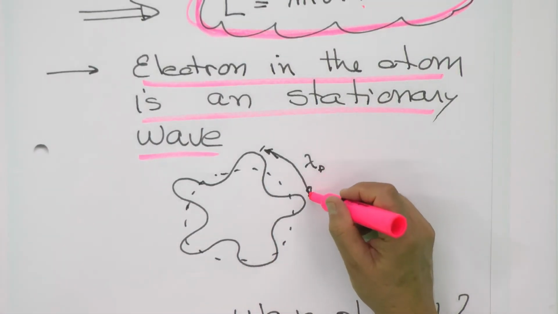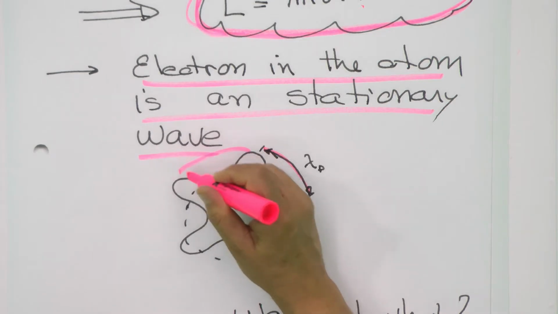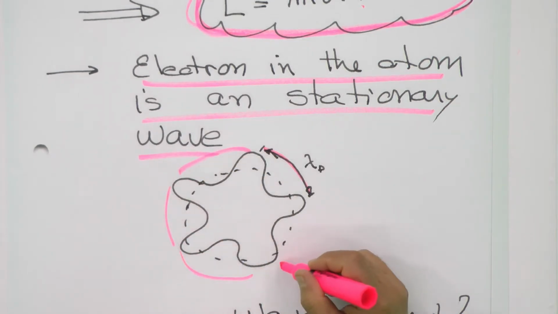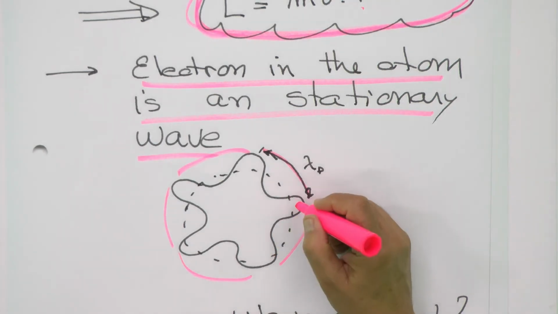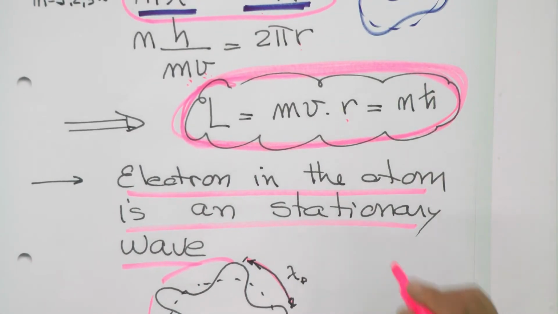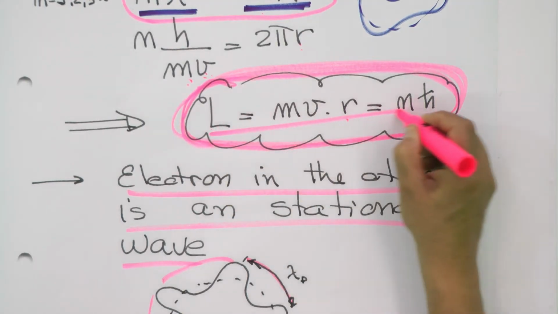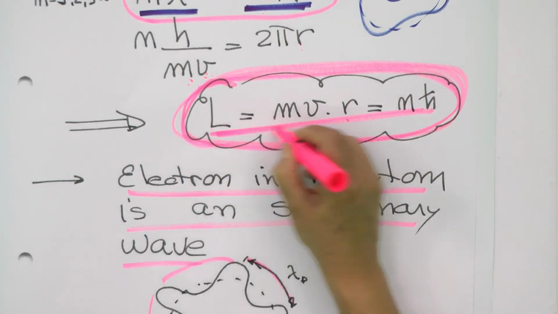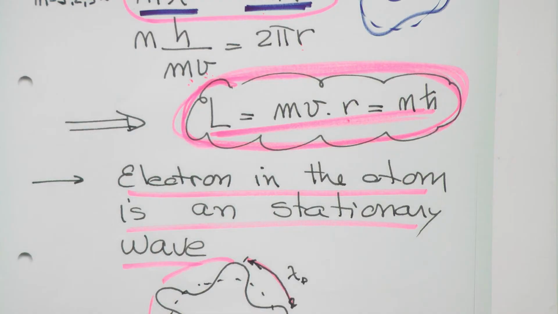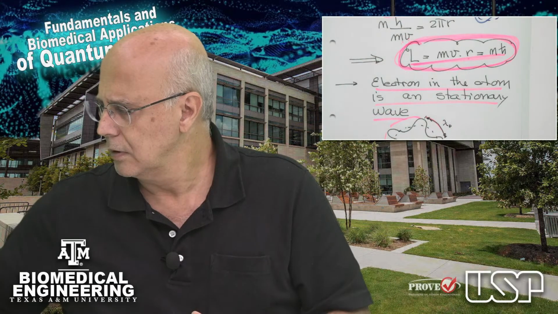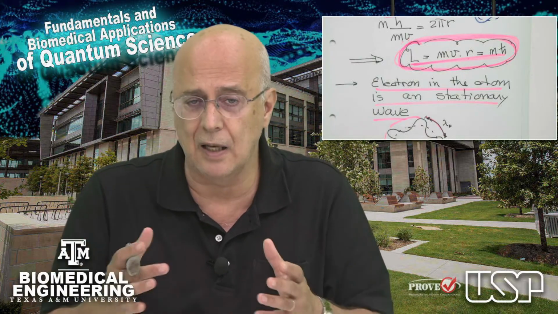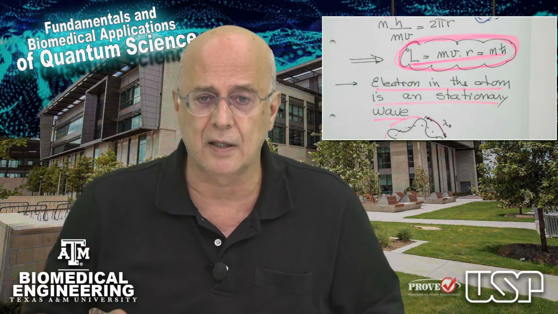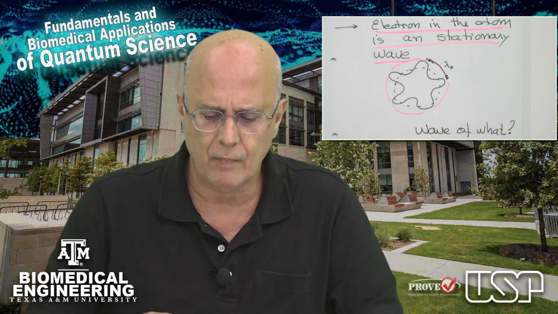You must have an integer number of de Broglie wavelengths to perform the orbit. Well, that seems to match very well with the Bohr principle, right? And it's not a coincidence. It's just the fact that inside the atom, the electron is where it can actually be a wave.